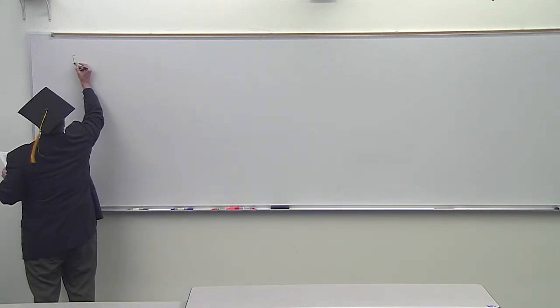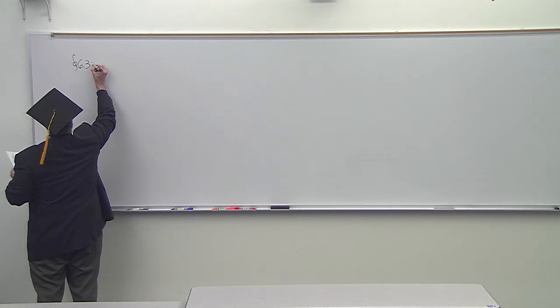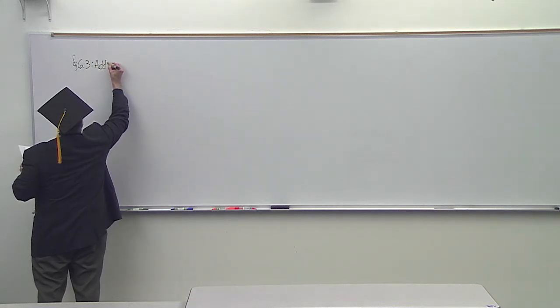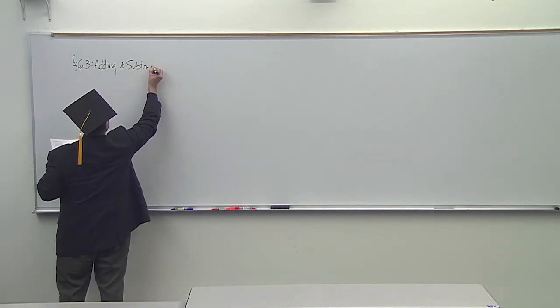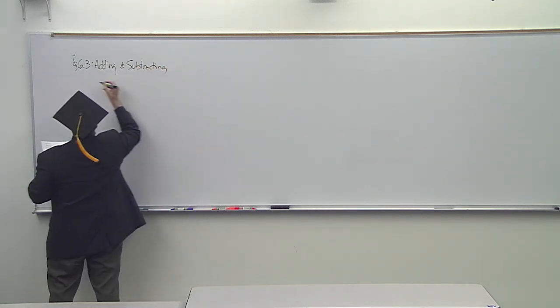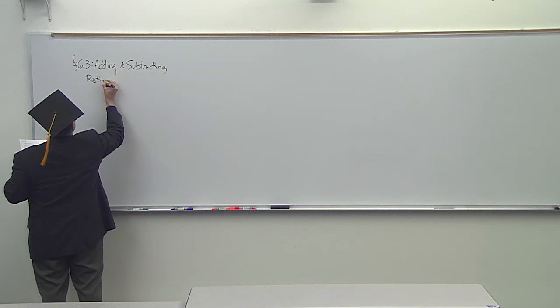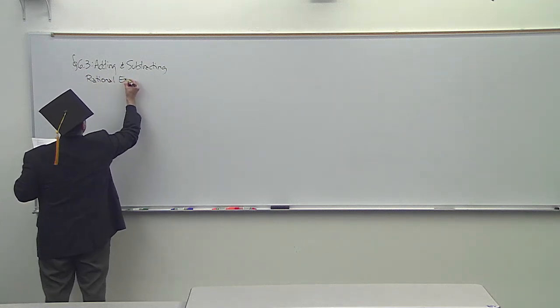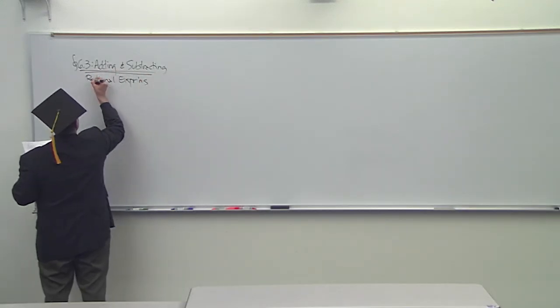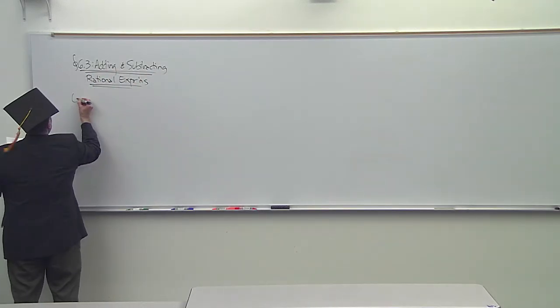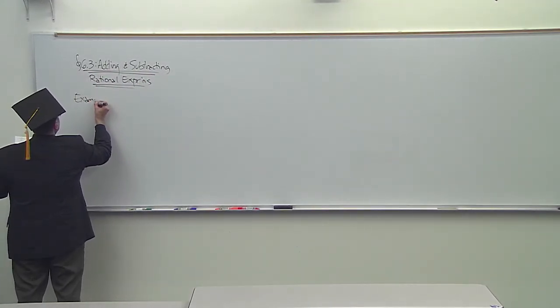So again, this is section 6.3, adding and subtracting rational expressions. We're working through the examples.